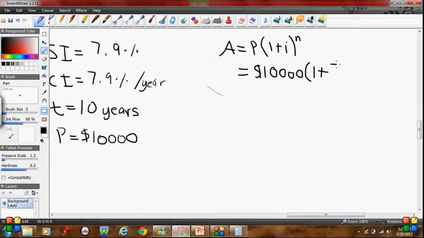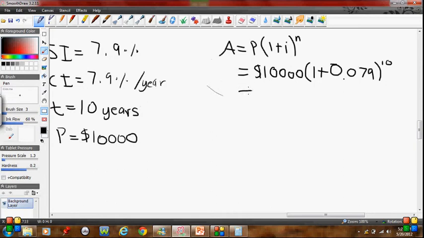We don't need to do any calculations for this because it's compounded annually and it's per year, so no need for any changes. And 0.079, change that to decimals. It's for a period of 10 years, so 10 compounding periods.